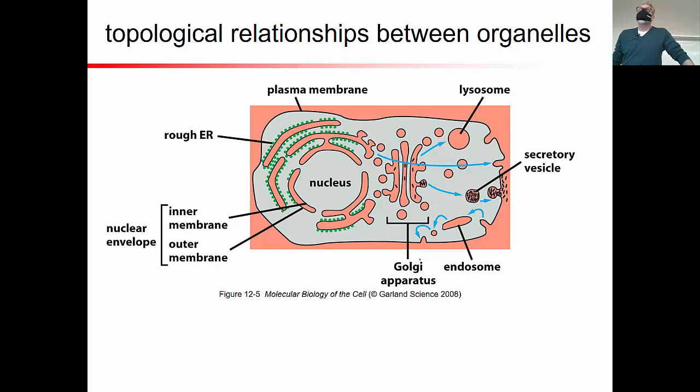We can call these topologies, and this is an oversimplification in many ways, but what we can see in this chart is we're looking at several of the organelles, and for the ones that are part of the endolysosomal system, which we'll talk about soon, we see that they're all colored pink.